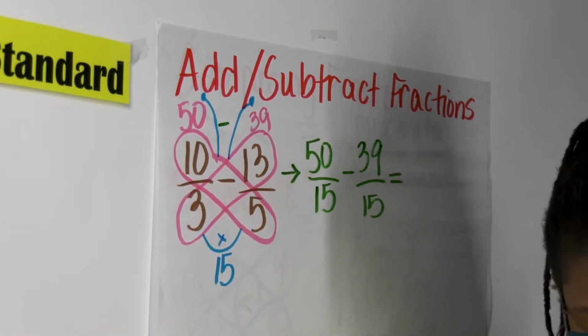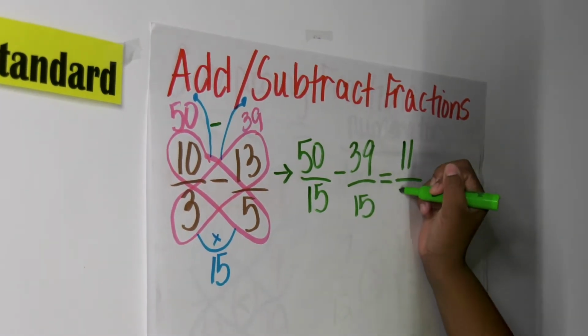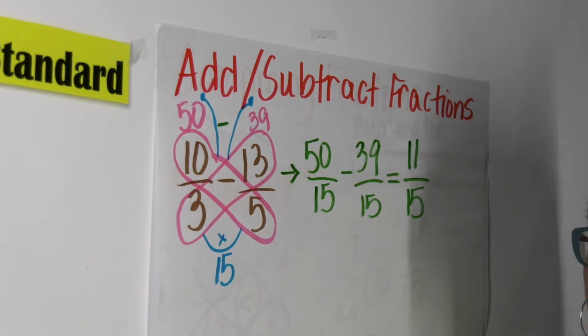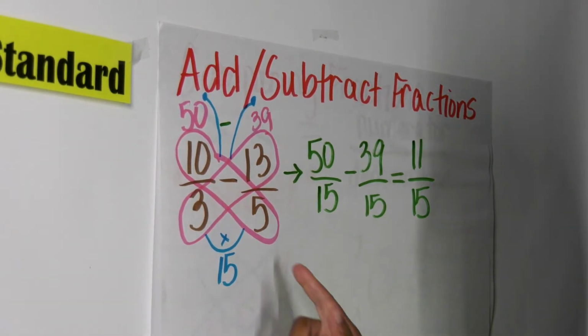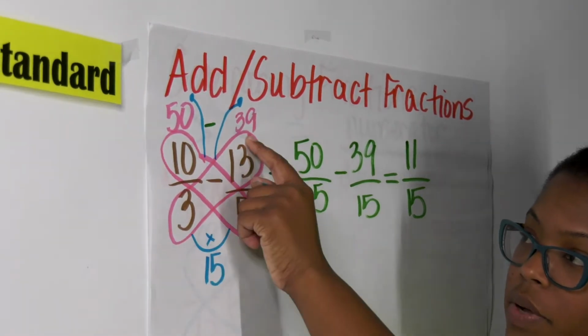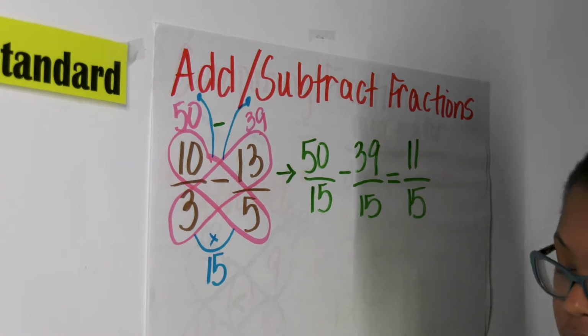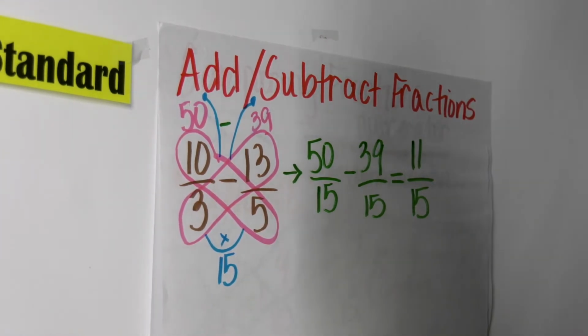Okay, and then we get our answer. Once we subtract 50 minus 39, we get 11/15. So if you notice, this looks just like a butterfly. We have our first wing, our second wing, and our common denominator. We multiply there.